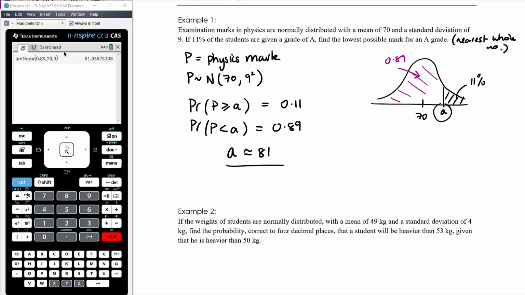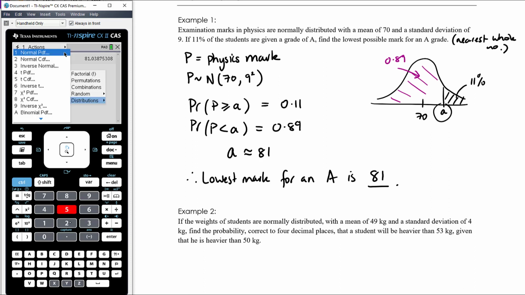Okay, so therefore the lowest mark for an A is 81. Now technically speaking, it doesn't round quite right. Technically speaking, slightly more than 11% would get a score of 81 and above, but in terms of accuracy, let's just have a quick look.